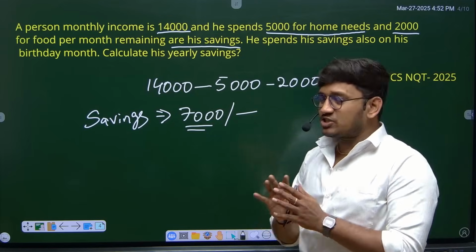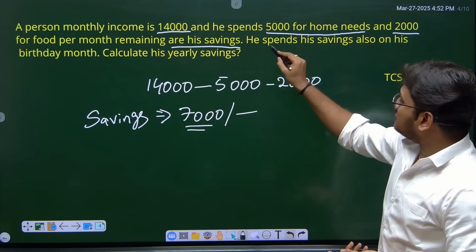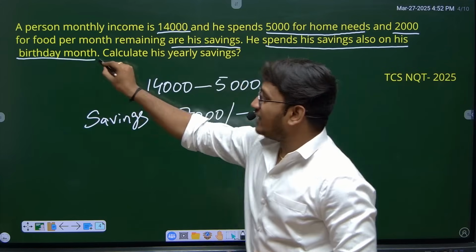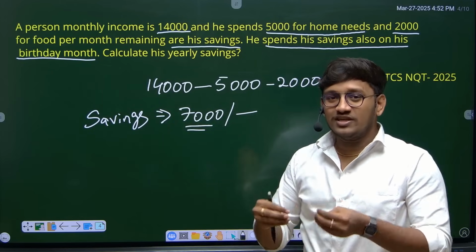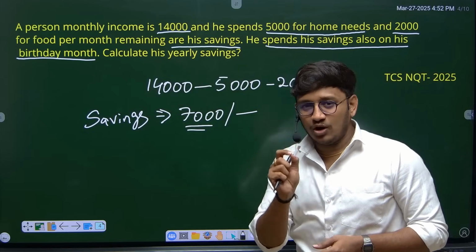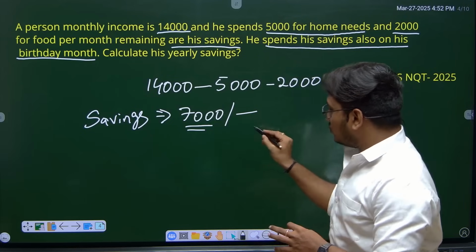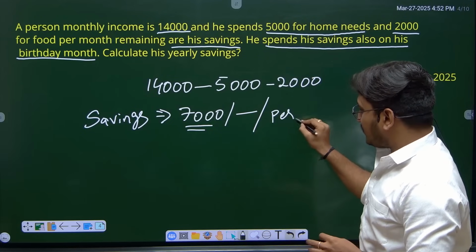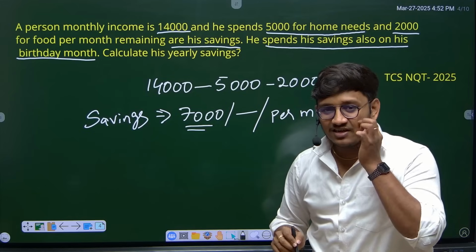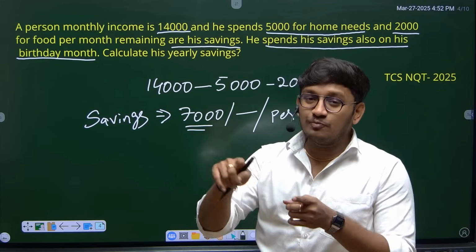Now what is the actual question? Here they have given one more condition: he spends his savings also in his birthday month. Calculate his yearly savings. Here you should understand a small logic. The 7,000 is his savings per month, and they have clearly given that he will spend his savings on his birthday month.